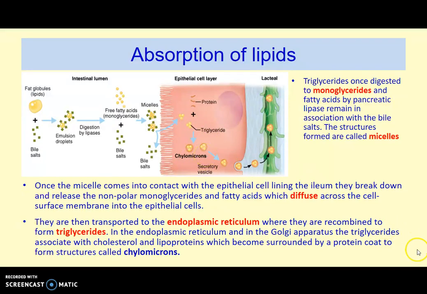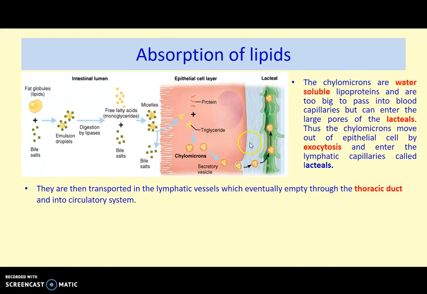At that point, the chylomicrons are water-soluble lipoproteins, and they are actually too big to pass into the blood capillaries. So we need to get them into the blood in a different way. They come out of these epithelial cells via exocytosis, and they enter the lymphatic system.